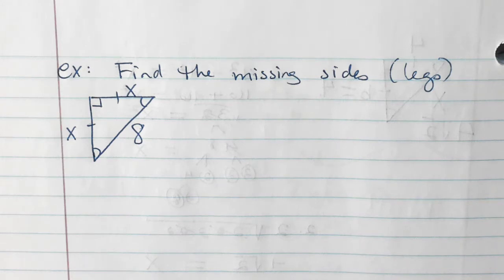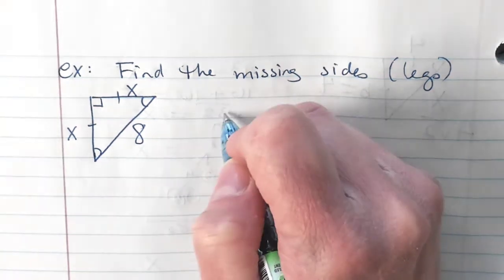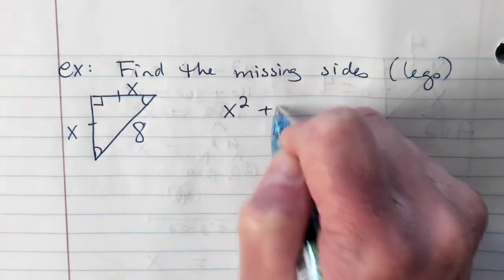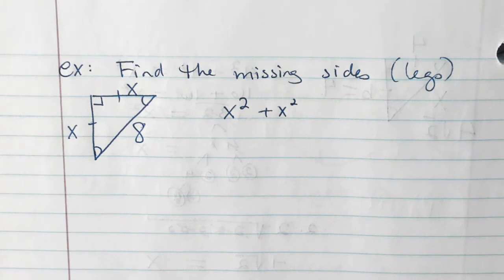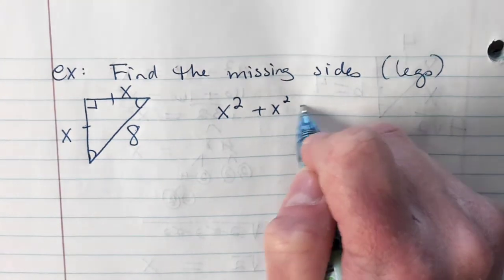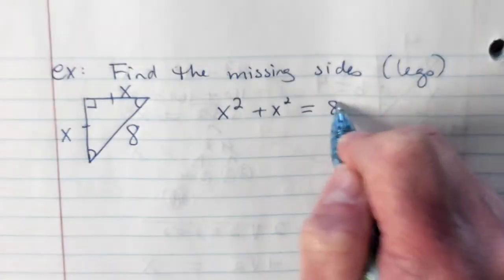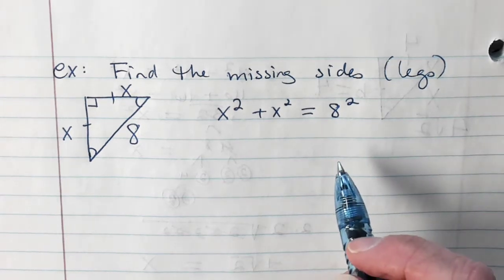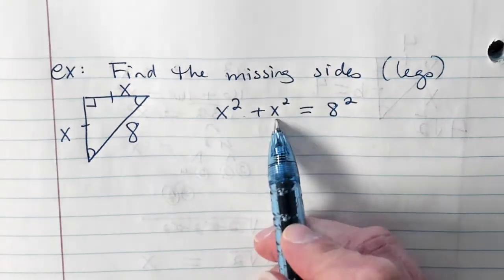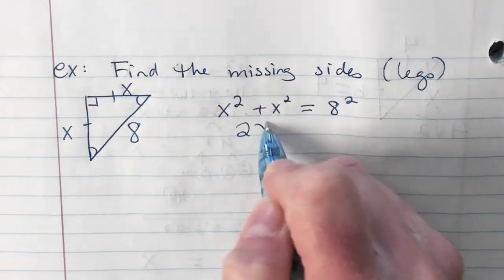So we need to do Pythagorean theorem. Well, we're going to take our leg squared and our other leg squared. We don't know what either one of them are because they're the same, x squared. And we're going to set that equal to 8 squared. Now we've got a little bit of algebra we have to work through. X squared plus x squared, that's 2 of them.